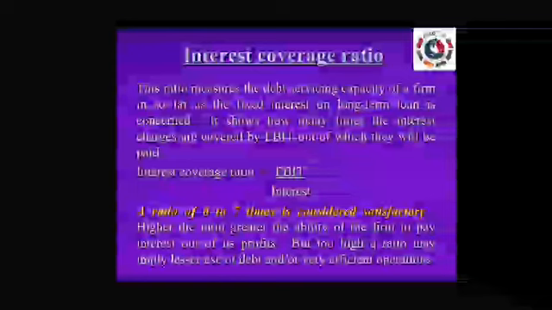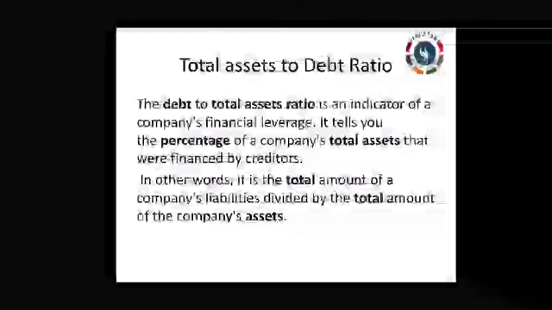So interest coverage ratio. Before that, see, in debt equity ratio, it covers only shareholders fund and external equities. After that, in proprietary ratio also, asset is the main thing. It mainly focuses on asset.